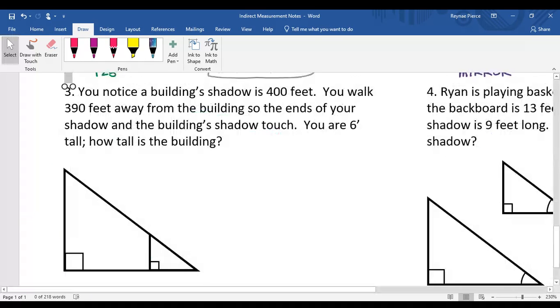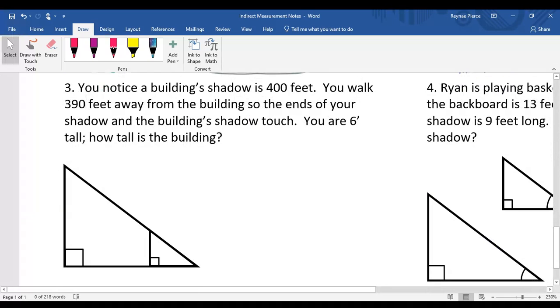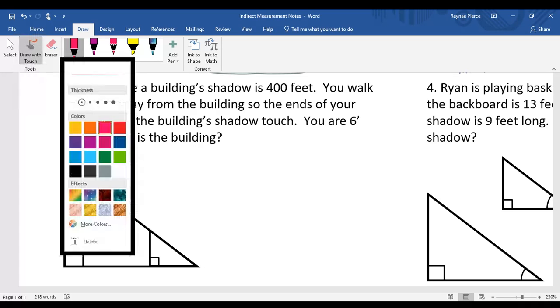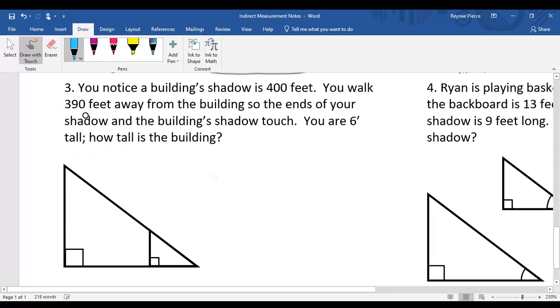All right, number 3 is an example of our big triangle to small triangle. So first, let's use blue this time. Here's our building.